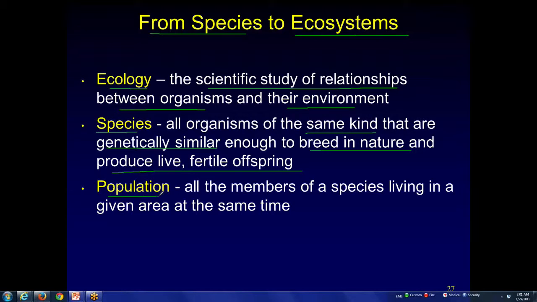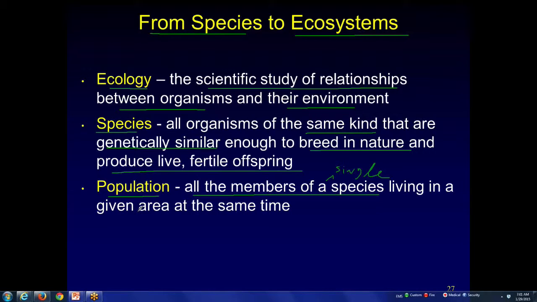A population. Well, the population is a word to describe all the members of a single species. How about we throw that in there? Living in a given area at the same time. So an example of a population would be the population of white-tailed deer in Burt County, or the population of bluegills in the western Piedmont pond.